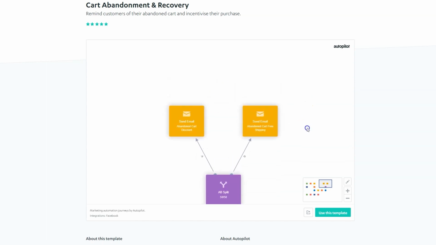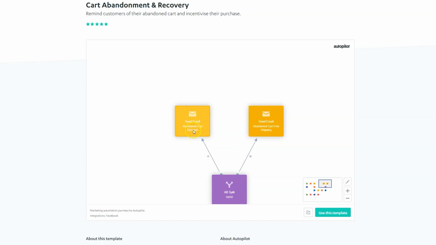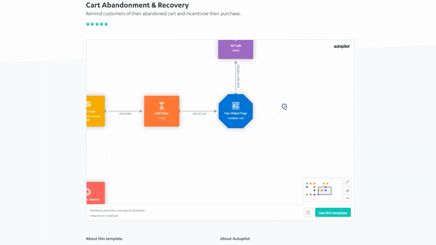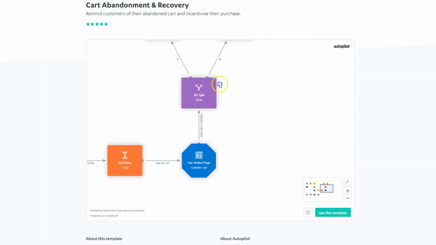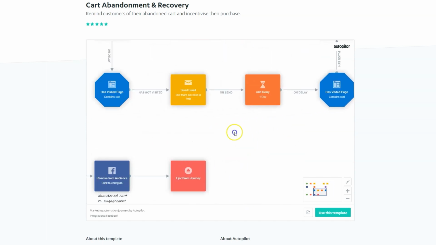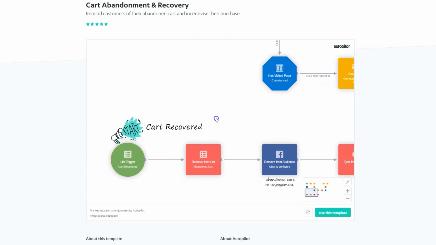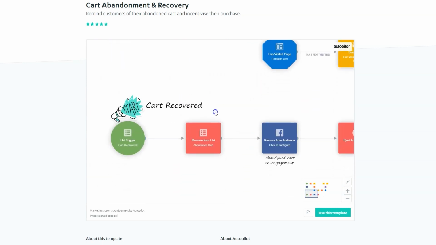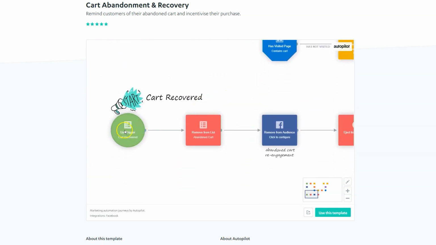Because you can look at your numbers after this and say, hey, the people who got the discount code, the coupon code, converted at 40%, but the people who were offered free shipping, no coupon, no discount, converted at 60%, right? So the split test functionality inside of Autopilot, as well as other marketing automation software out there, is definitely useful, and always be sure to test.